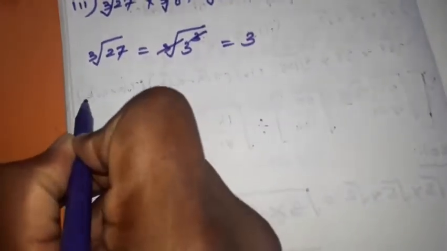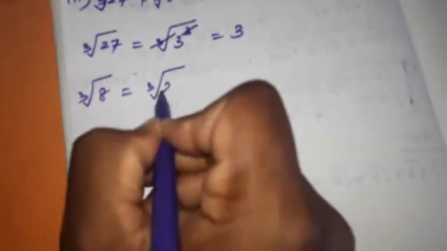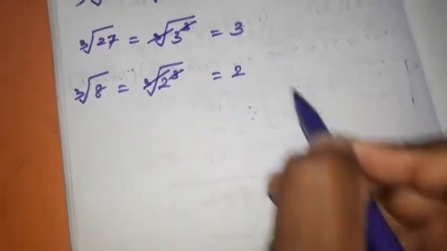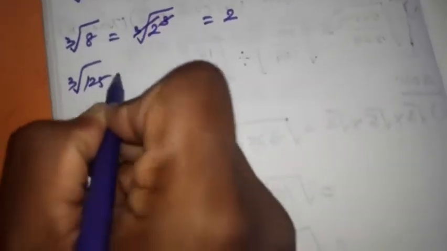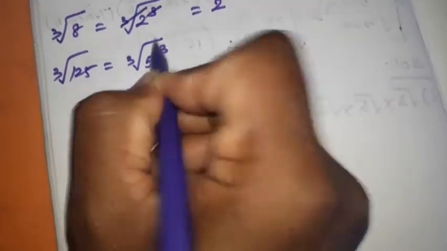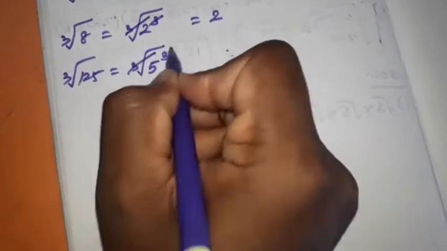Cube root of 8 is 2 cube, so we get 2. Cube root of 125 is 5 cube, 5 multiplied by itself 3 times gives 125, so we get 5.